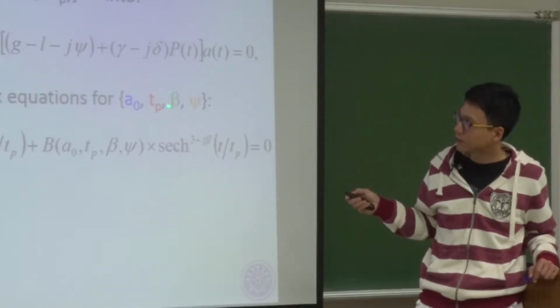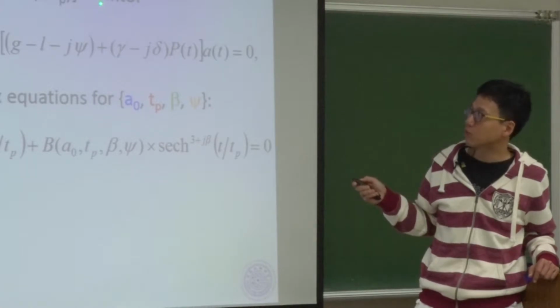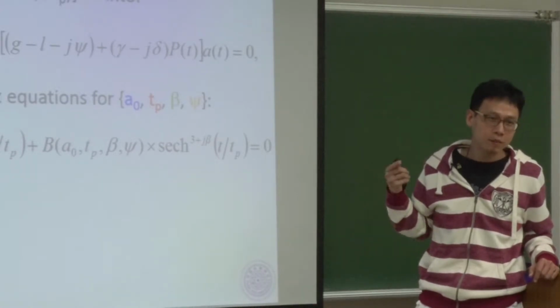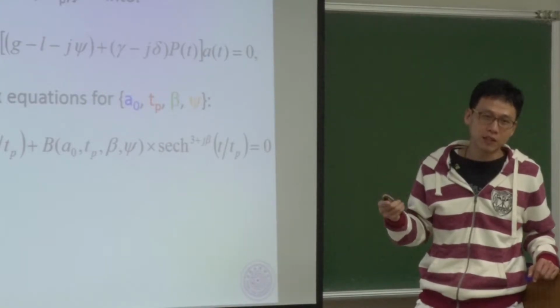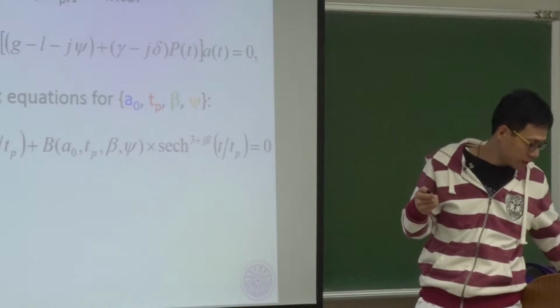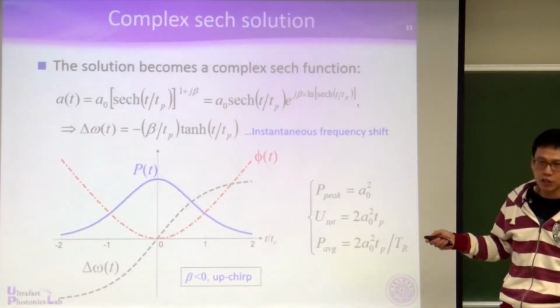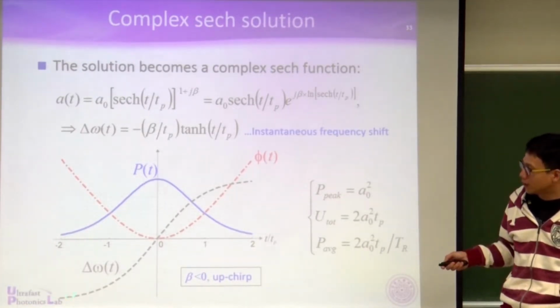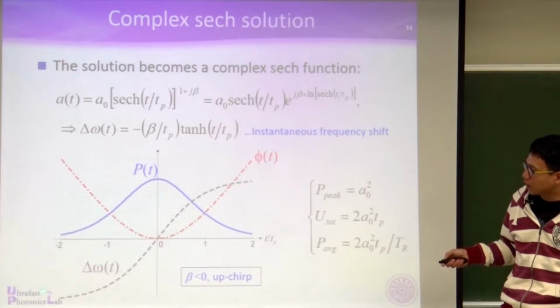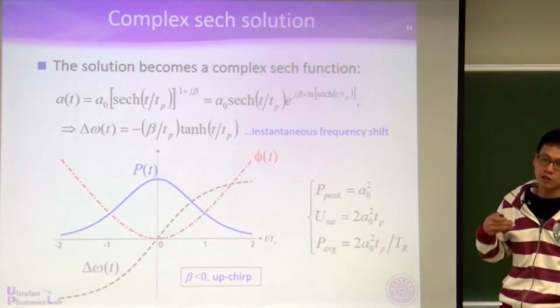What is beta? In our assumption, beta is here. Basically, it describes the chirp rate. The bigger the beta, the stronger the pulse chirp. Or equivalently, the curvature of the red curve is about beta. And the instantaneous frequency change is about beta.